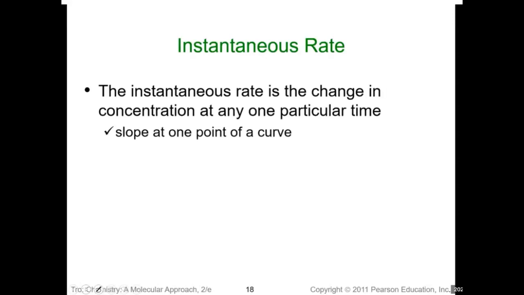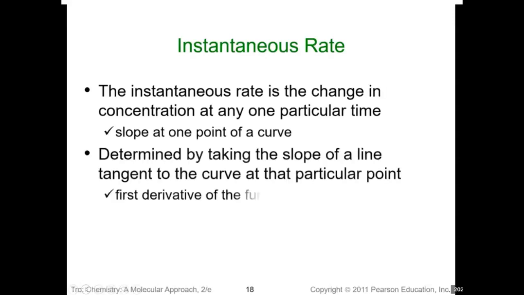Now we're going to do instantaneous rates. Instantaneous rate is the actual rate at any particular point in time. It is the slope of the curve. Do you remember tangent lines? We're looking at a specific rate at a specific time.